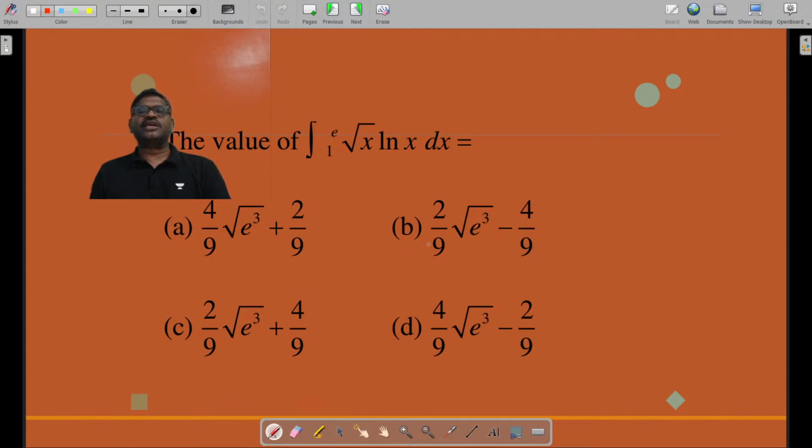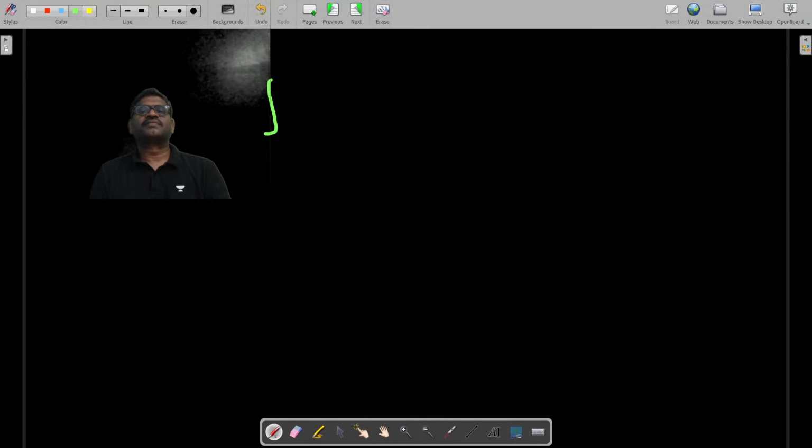The integral from 1 to e of root x into log x dx.